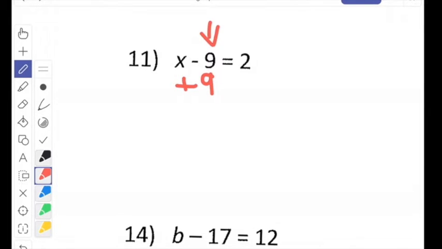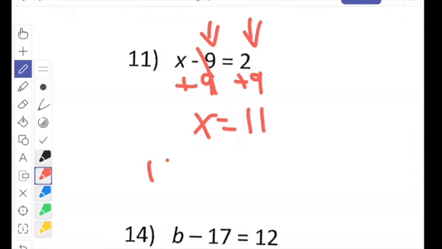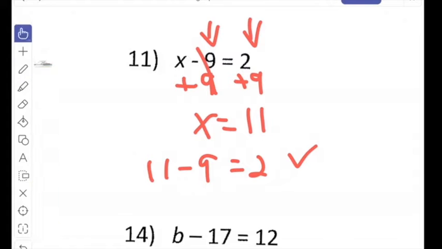Whatever you do on this side of the equation, you do on this side. So plus 9. These cancel out because 9 minus 9 is 0. So x will equal 2 plus 9, which is 11. Stick 11 back in the equation. 11 minus 9 equals 2. It does, so it checks out.